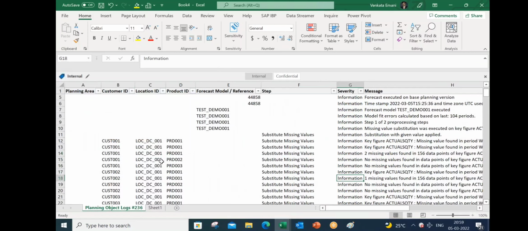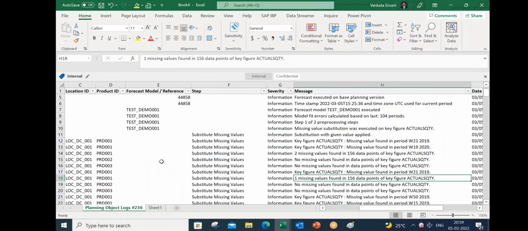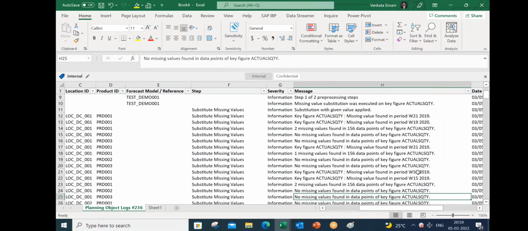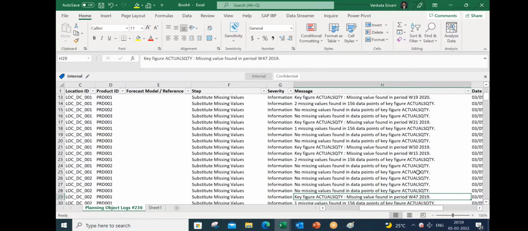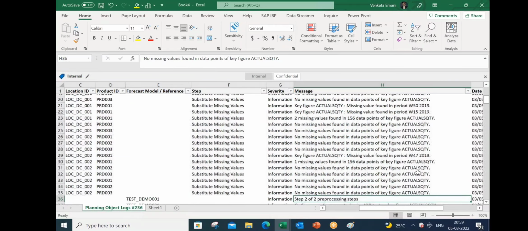Again, for this location, this customer, this product, 1 missing value was found. It is also telling in which period, week 21, 2019. So wherever it found missing values, it might have replaced them with 900.